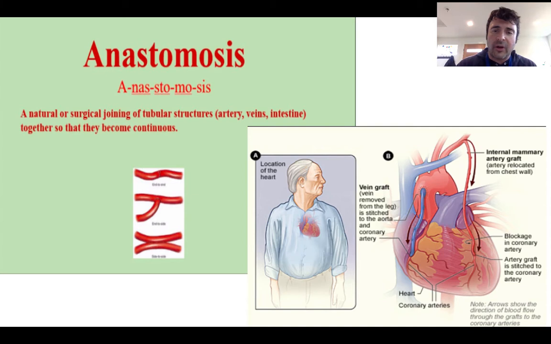Now, we're going to focus on the circle of Willis internally, and in order to understand the circle of Willis and why it's so important, you need to have an understanding of this concept of an anastomosis. An anastomosis is either a natural or a surgical joining of tubular structures, arteries, veins, your GI tract, those are tubular structures, so that they can become continuous.